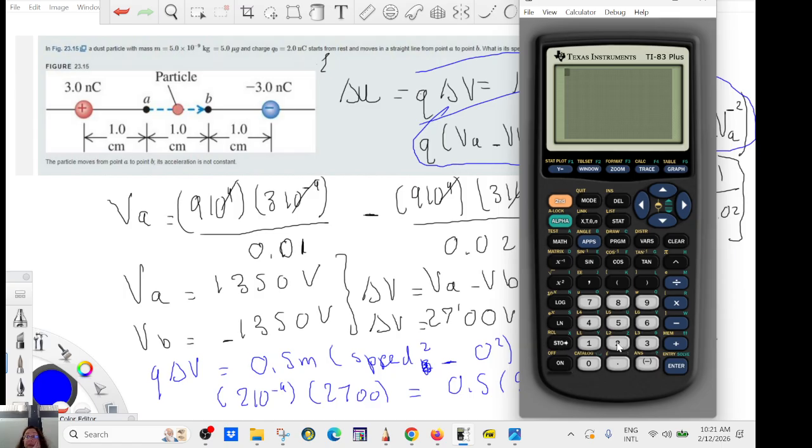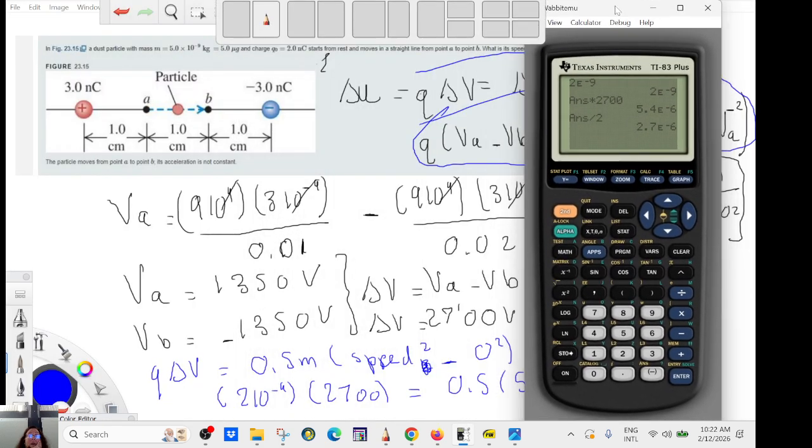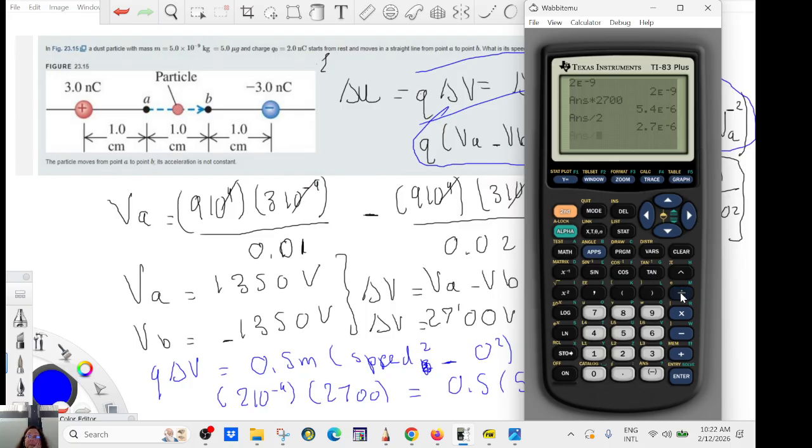What is Q? Q is 2 times 10 to the negative 9, times 2700, you multiply by 2, and you divide by the mass, so divide by 5 times 10 to the negative what? 9, and you take the square root.